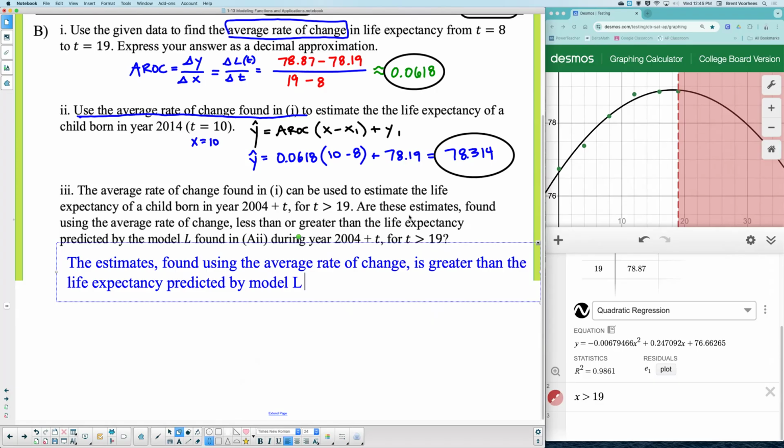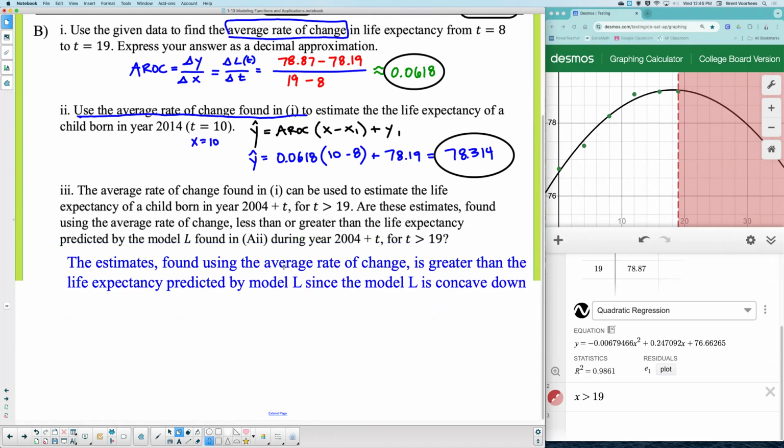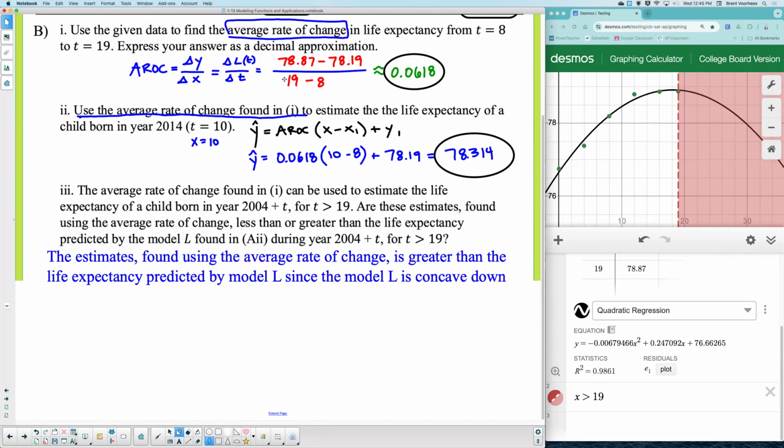What did we say about the model L? Go ahead. So the reason the estimate using the average rate of change found in BI and BII is greater than the life expectancy by model L. I just basically copied those sentences.